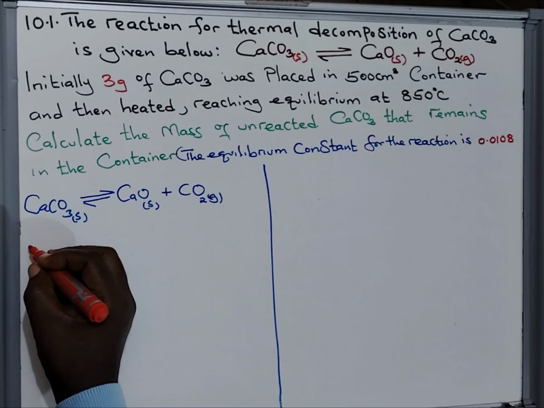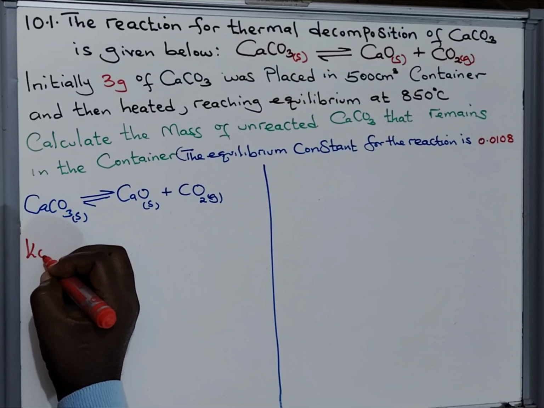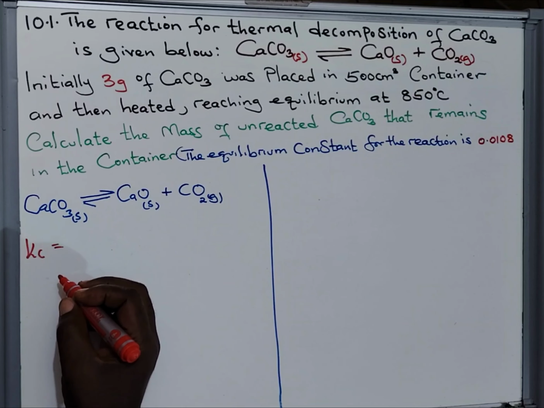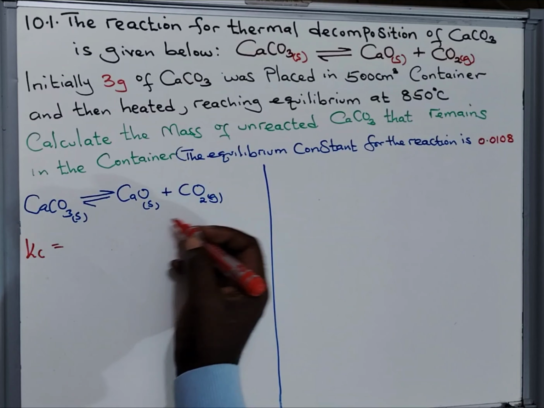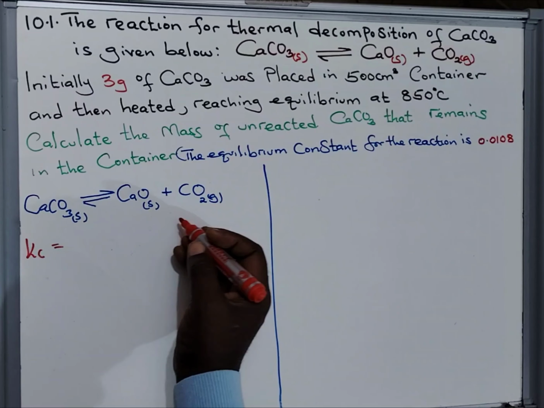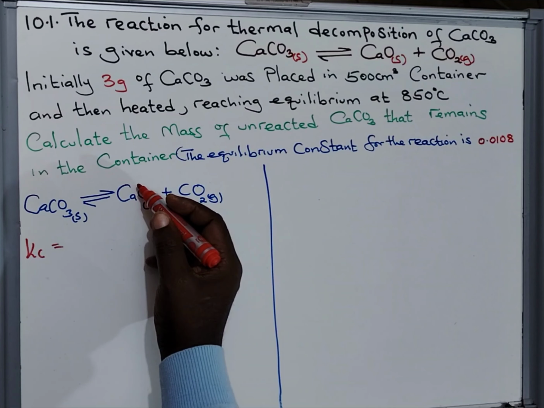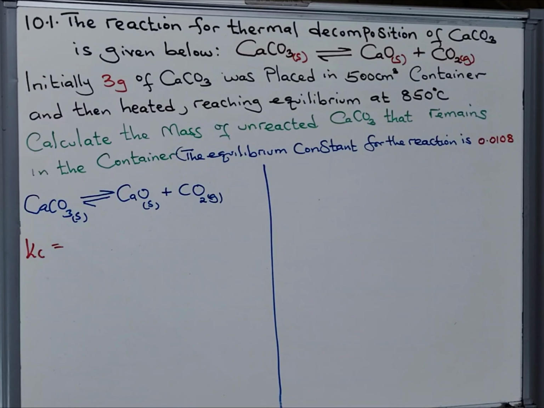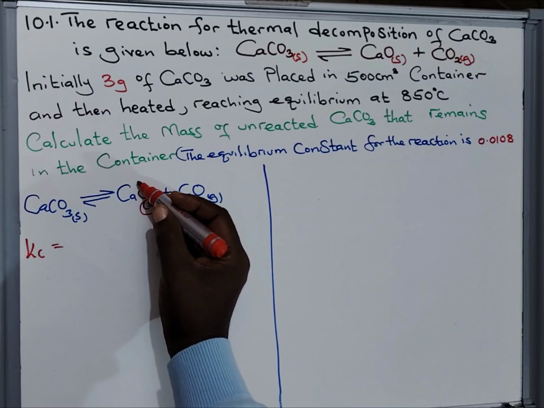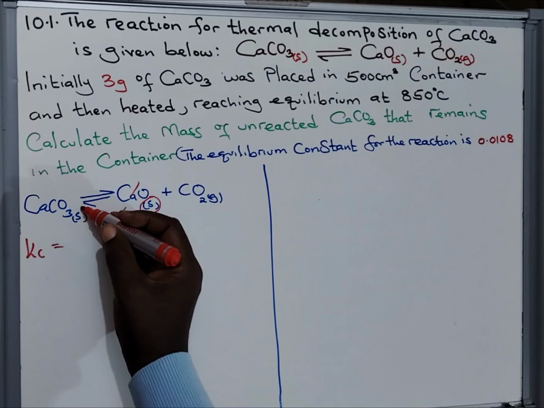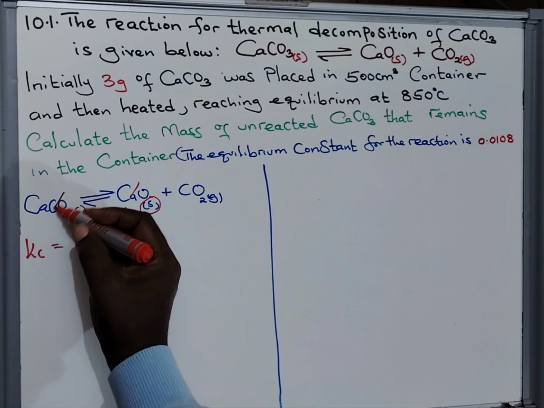when you come to write the Kc expression, you say Kc is equal to the product of the concentrations. So here we are going to realize that because we have that one as a solid, we leave it out, and this one, because of being a solid, we leave it out.